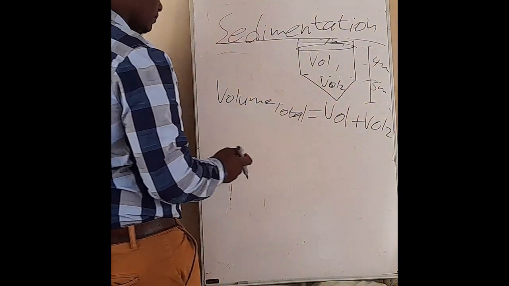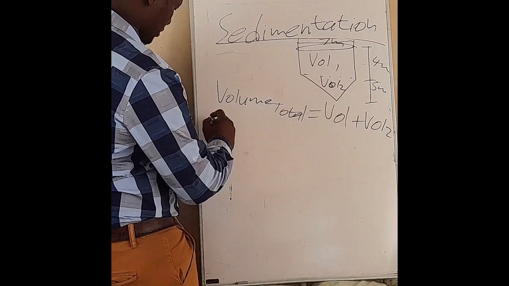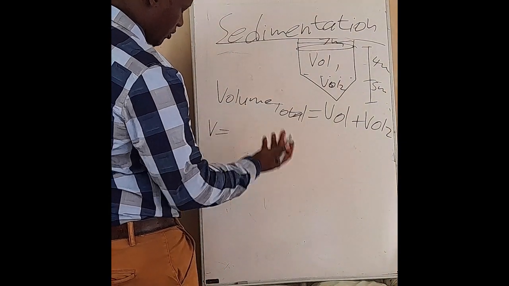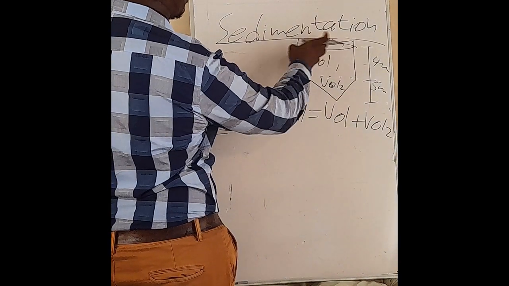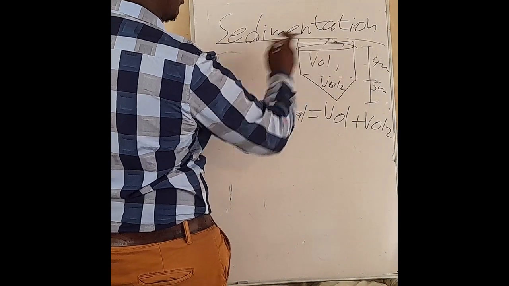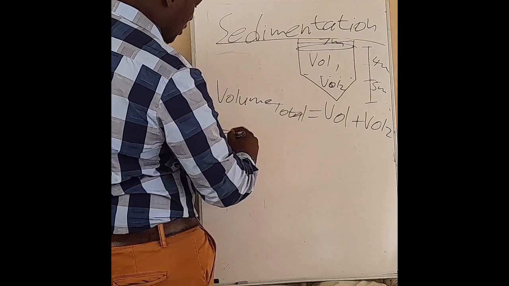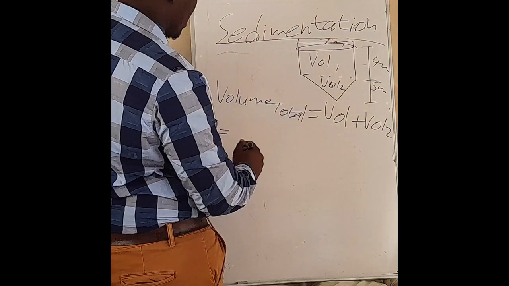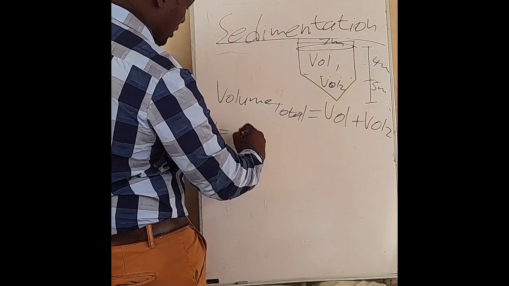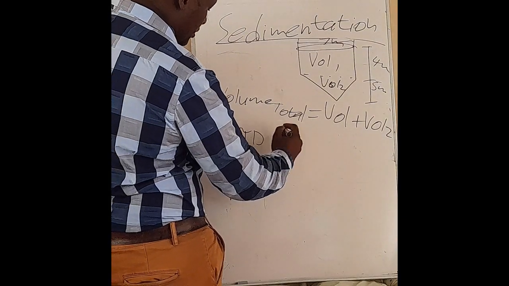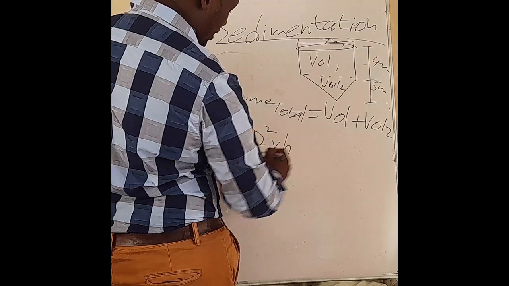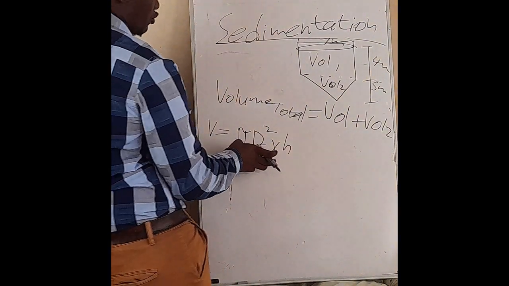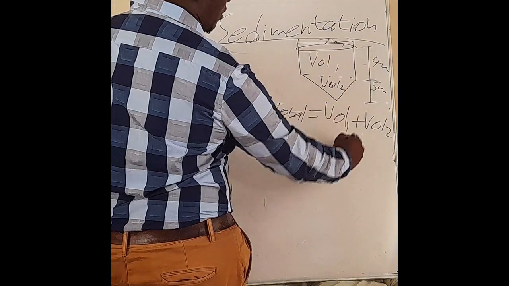It's a common formula that's used. Basically we have our circular cylindrical part, which is volume 1. We're also given our diameter, so that is easy. It's just pi d squared over 4 multiplied by our height in such an instance. So that represents our volume number 1.